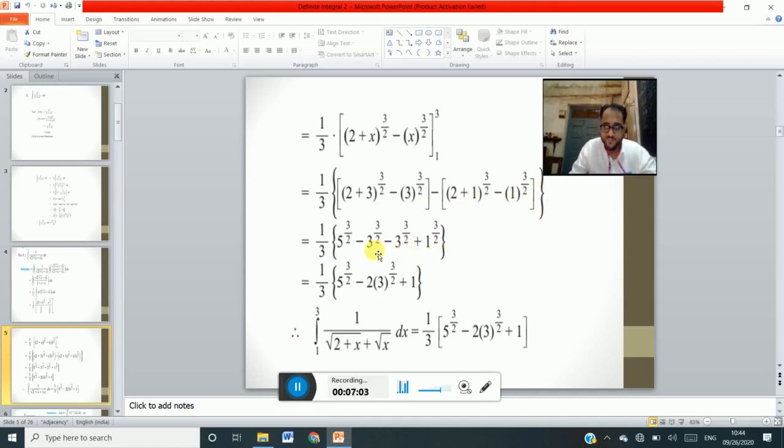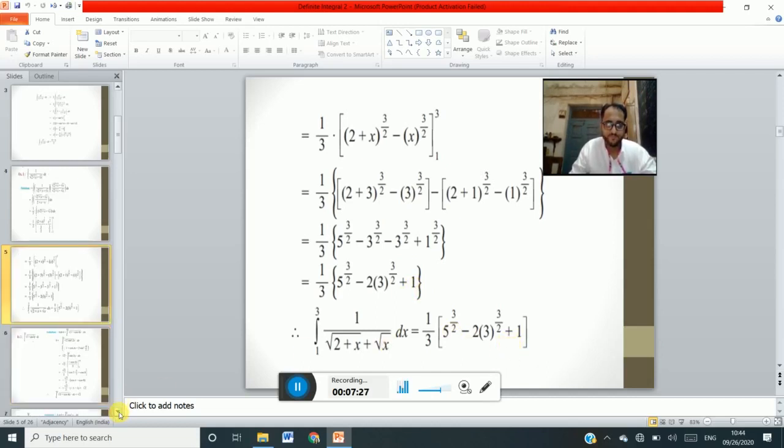These are the same terms, so that is minus 2 times that, and 1 to the power 3 by 2 means 1. So the final answer for the given question is 1 by 3 into (5 to the power 3 by 2 minus 2 into 3 to the power 3 by 2 plus 1). This should be the final answer for that example.